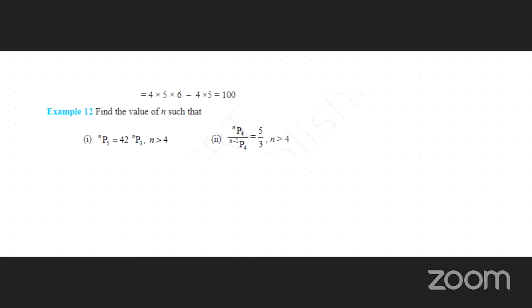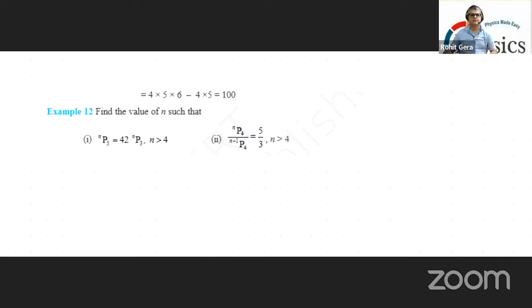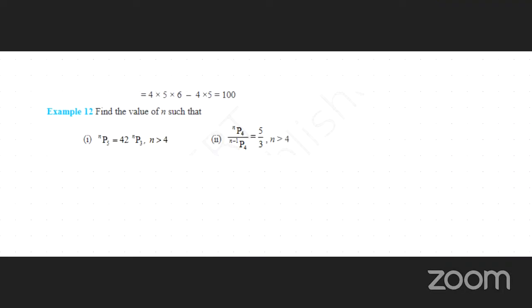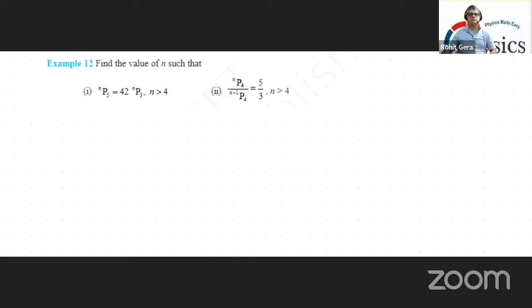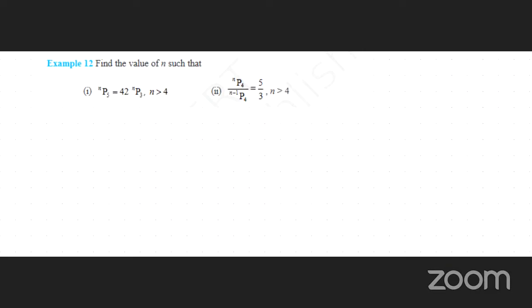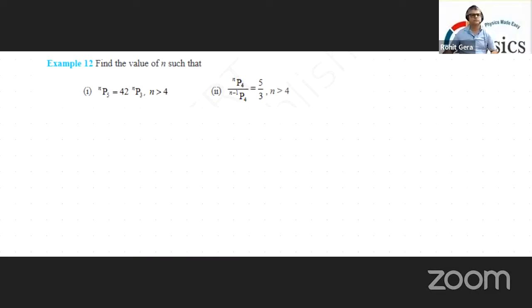Find the value of n. What was the formula? Let me check once. n factorial upon n minus 4 factorial. Find n.